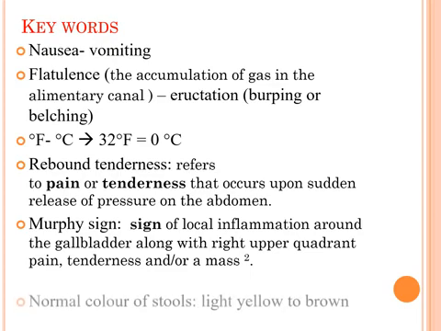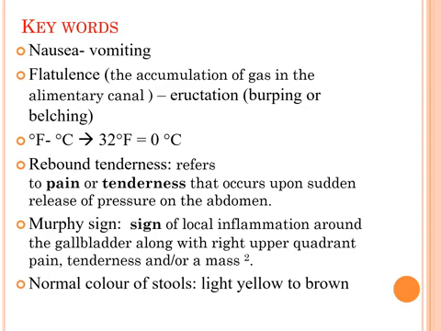You got all the meanings, everyone? The normal color of our stools is light yellow to brown. Maybe sometimes if you eat some specific fruit or some kind of medicines, your stools may change color based on the food or the medication that you take, right?